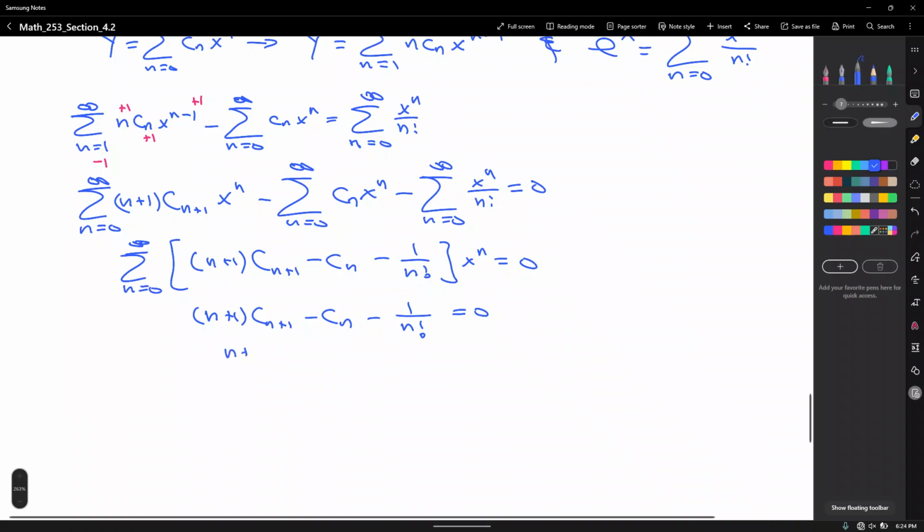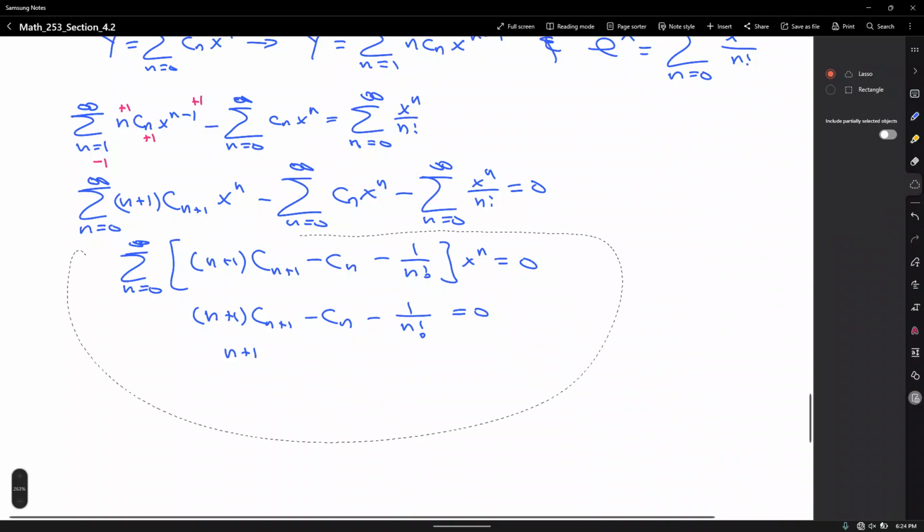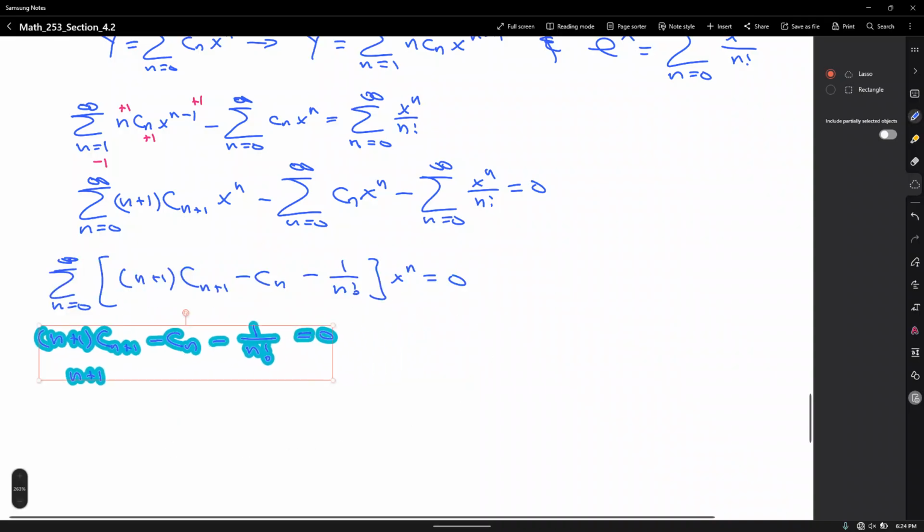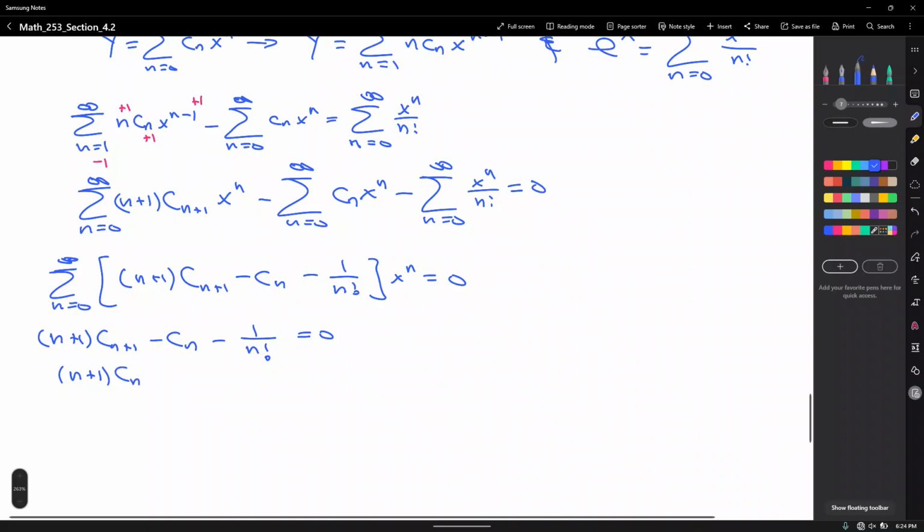So (n plus 1) c sub n plus 1 equals c sub n plus 1 over n factorial, where c sub n plus 1 equals c sub n plus 1 over n factorial, everything divided by n plus 1. So that is going to be our recurrence relation.